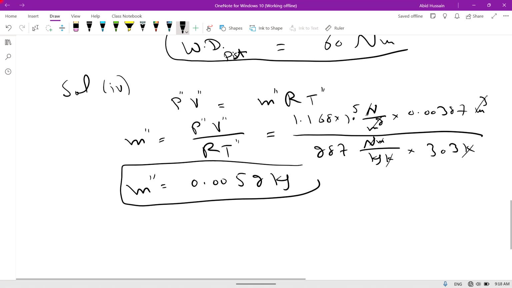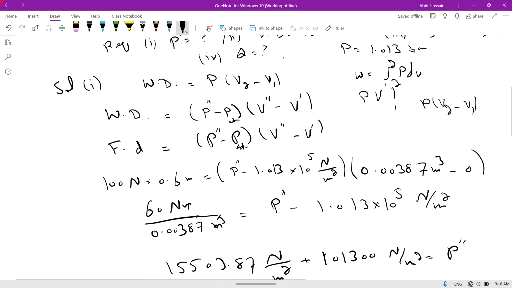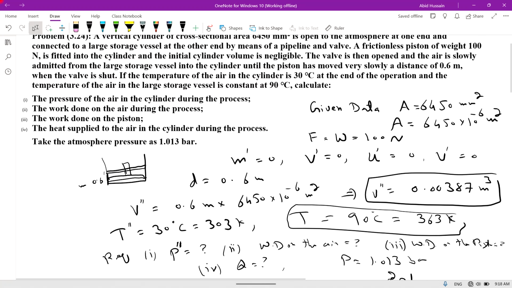Now it is given in the problem that the temperature of the large storage vessel is constant at 90 degrees centigrade, and we have to find the heat supplied to the air in the cylinder during the process.